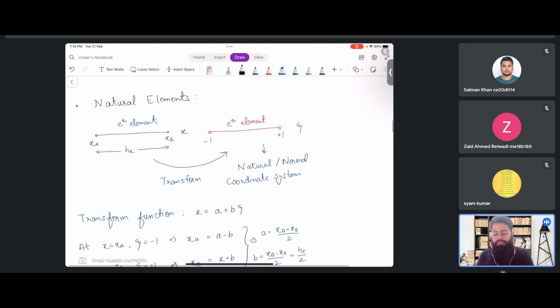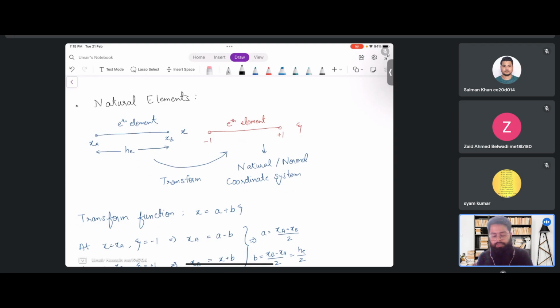If we solve the integration over each element separately in the original coordinate system, the values of the coordinates will change again and again, so it would be different every time we calculate this integration. So what we do is we transform this coordinate system into what is known as the natural coordinate system, which for 1D is defined from minus 1 to 1.